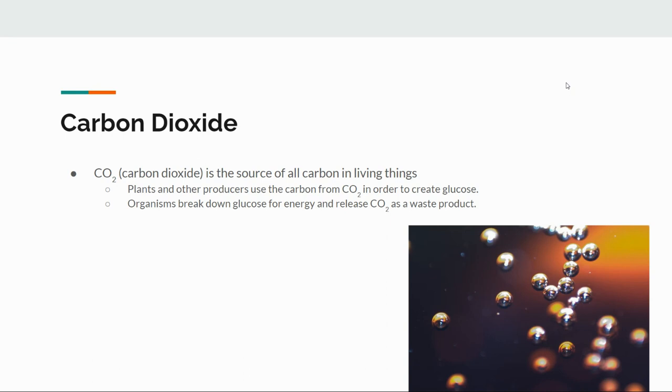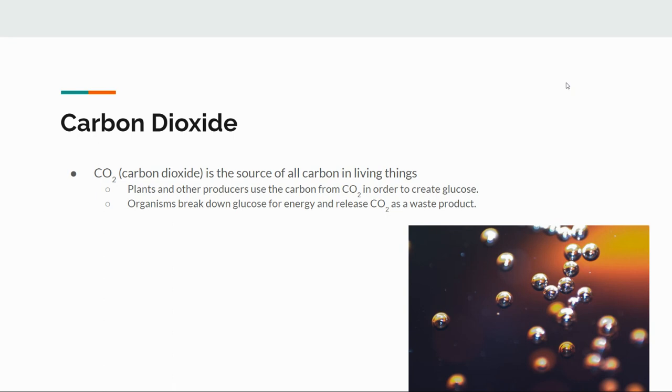All right, so carbon dioxide. Carbon dioxide is the source of all carbon in living things. Plants and other producers use carbon from carbon dioxide in order to create glucose through the process of photosynthesis. Organisms break down glucose for energy and release carbon dioxide as a waste product through the process of cellular respiration.